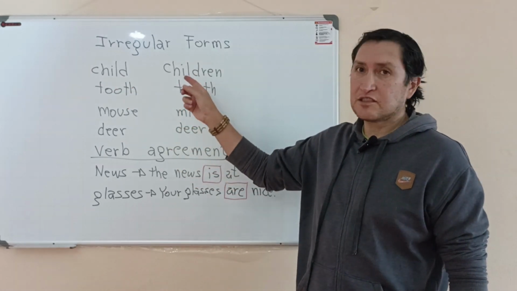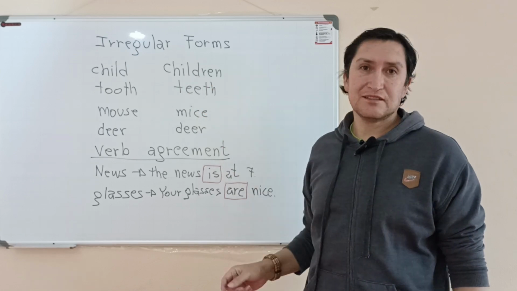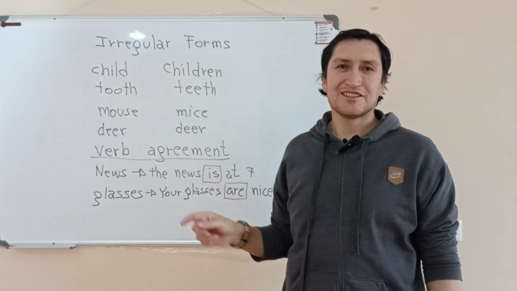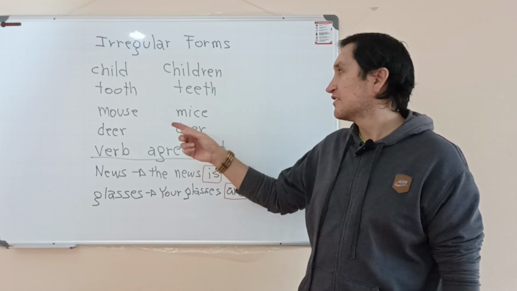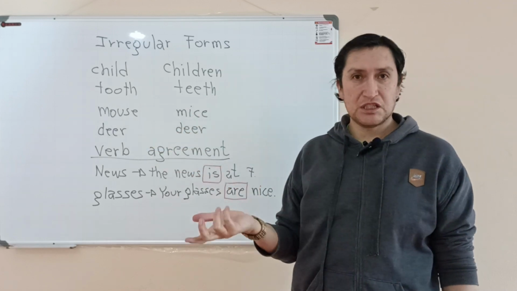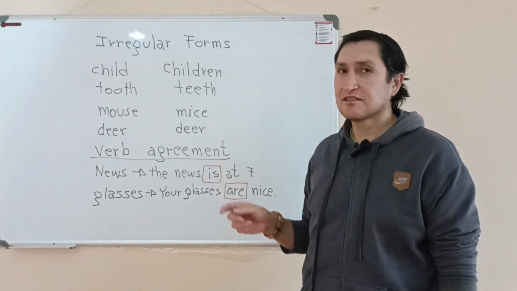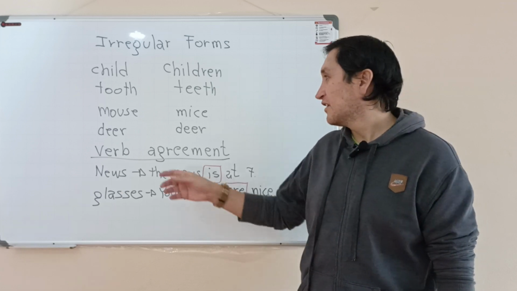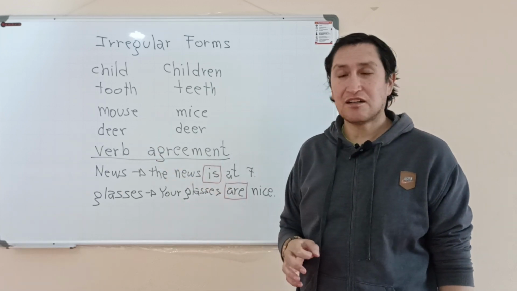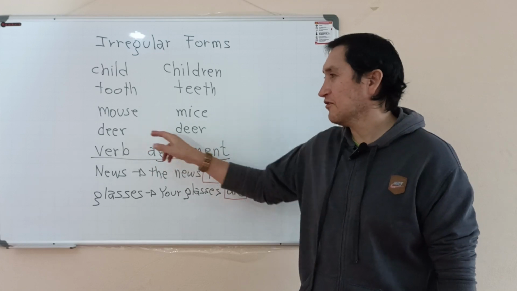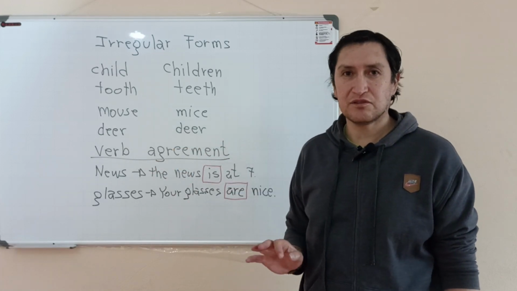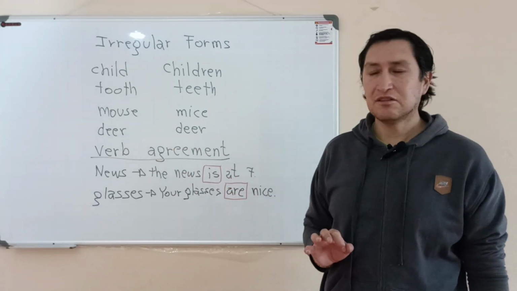Child, its plural is children. Tooth, its plural is teeth. Mouse, singular, mice, plural. Deer, singular, deer, plural. It is the same word, same pronunciation, no difference at all.